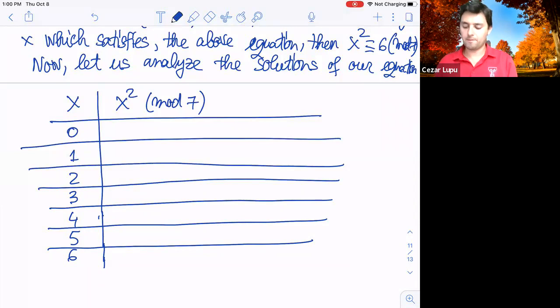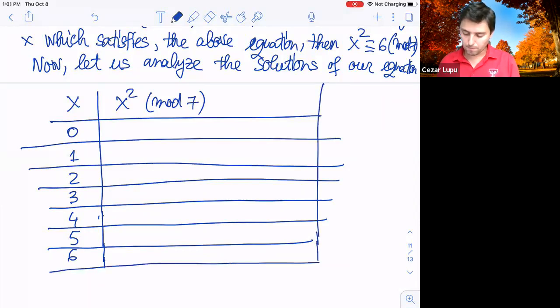All right, now what can you tell me? When x is 0, x squared mod 7 will be 0. That's obvious. When x equals 1, x squared mod 7 is 1. When x equals 2, x squared mod 7 will be 4.